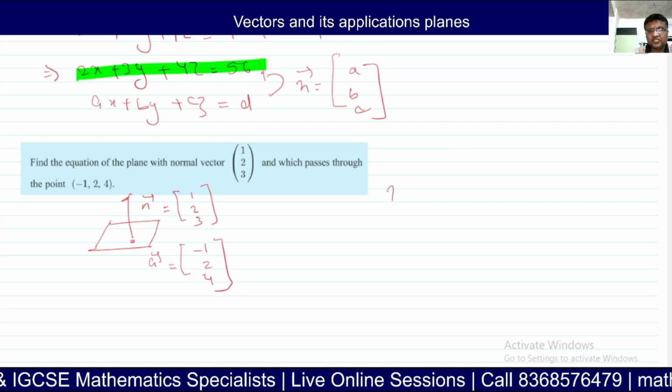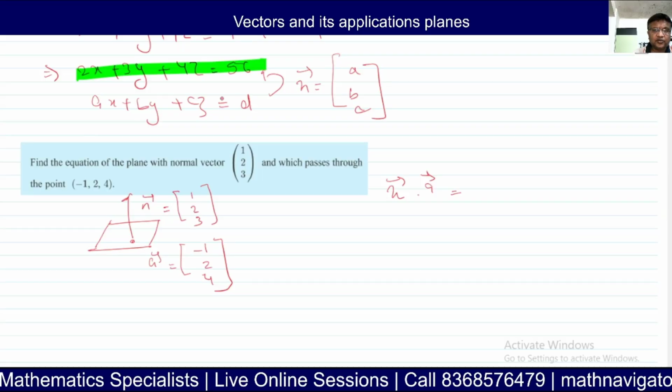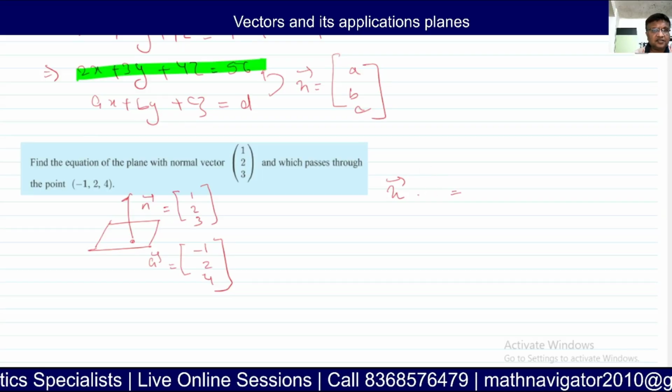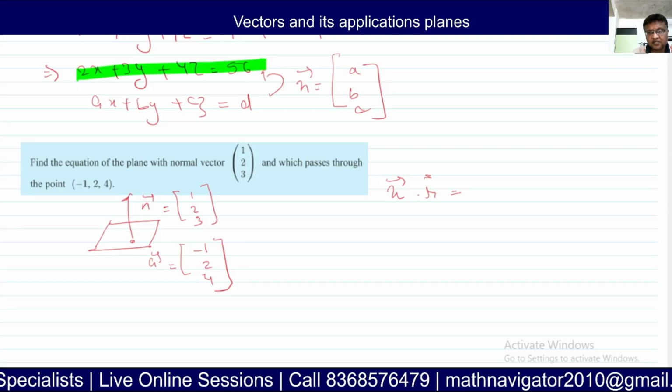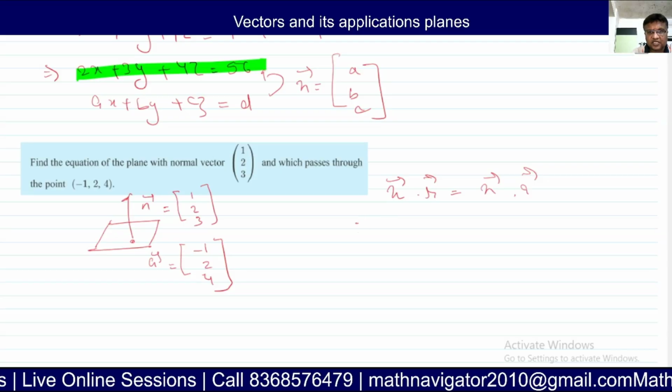I know my equation is vector n dot vector r is equal to vector n dot vector a.